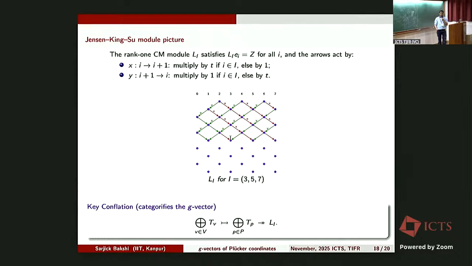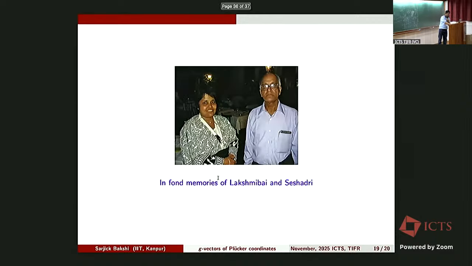And then once we use the conflation suggested by Baur-Bogdanic-Garcia Elsener, which we have used in our paper, it shows that the direct sum of the peaks surjects onto this module, and the kernel is precisely the direct sum of the valleys. That's the idea.